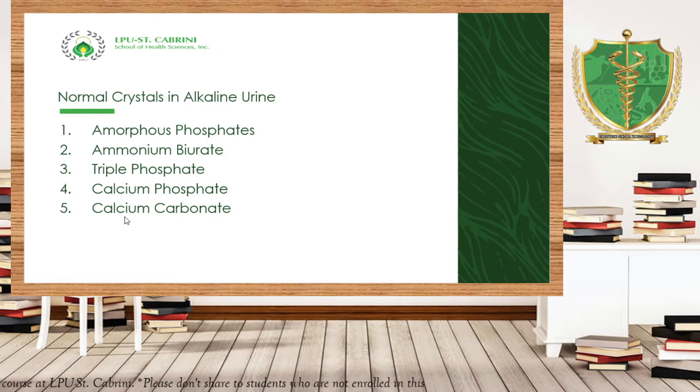Yun daw yung palatandaan para matandaan kung sino-sino ang ating mga alkaline urine crystals. Traffic, Calamba City. Amorphous phosphates, ammonium biurate, triple phosphate, calcium phosphate, and calcium carbonate.